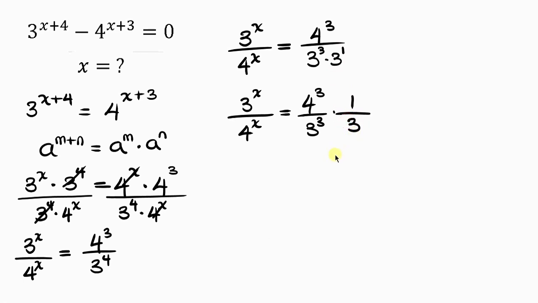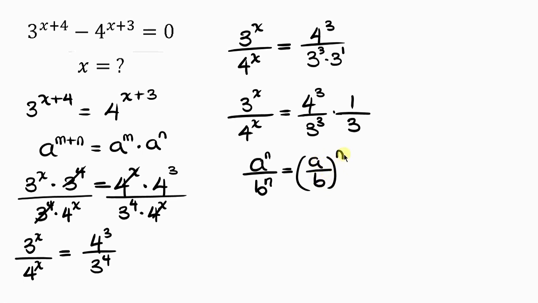Very good. Now our next step will be for us to apply the law of indices, which says when I have a^n divided by b^n, this is the same as (a over b)^n. Since they have the same exponent, I'm going to be grouping them together.